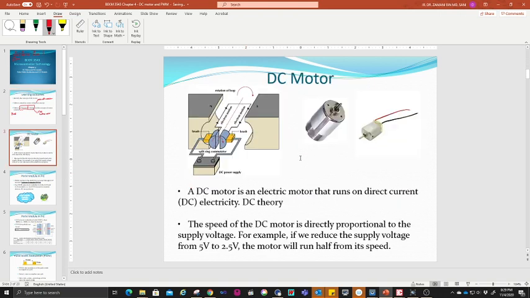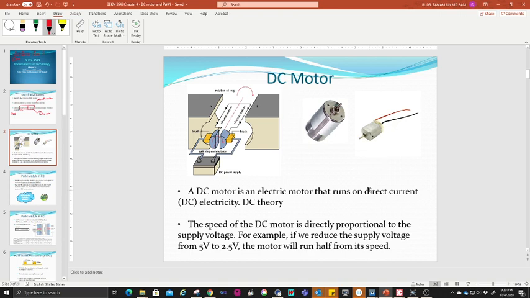So what is all about the DC motor? If you go back to your secondary school, maybe you learned the theory of how a DC motor works, by having a magnetic field and then giving a power supply, and it starts to turn based on the rule of the thumb.